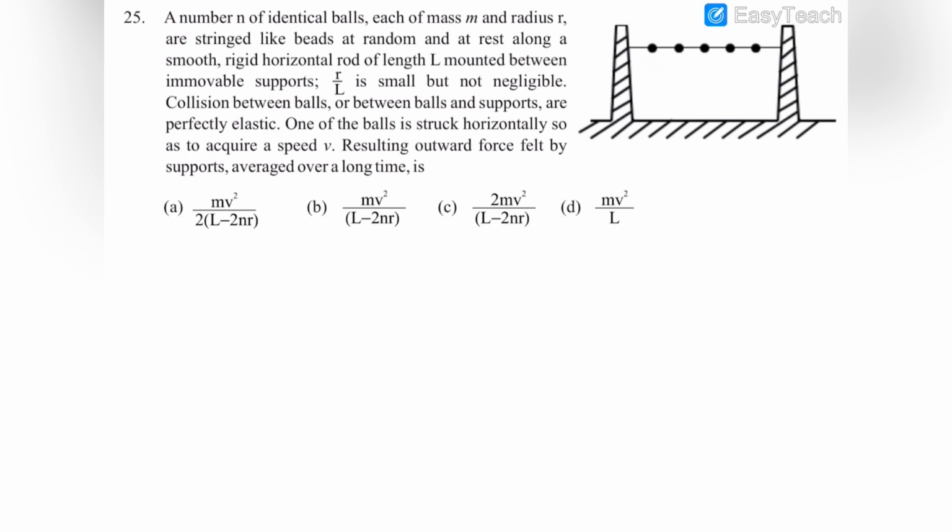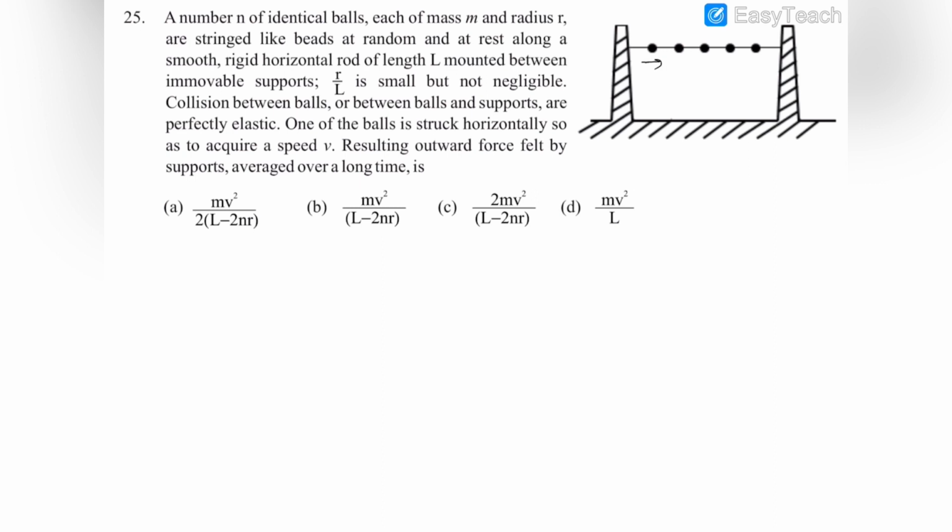So we have to find the average force applied by the balls on this support over a long period of time. Let us first see that each collision is an elastic collision and each ball has the same mass m.